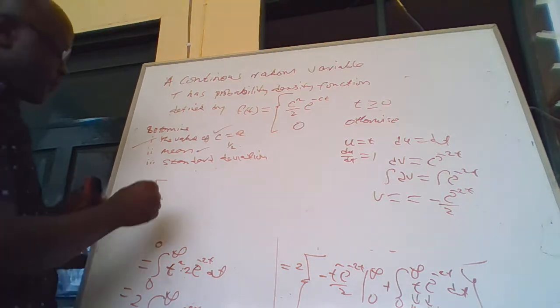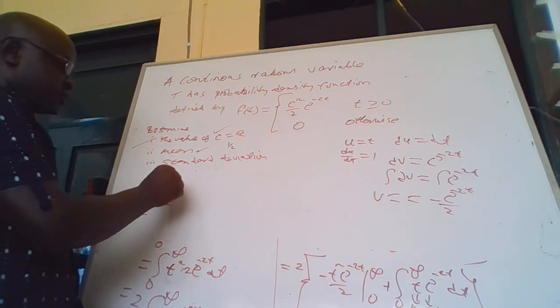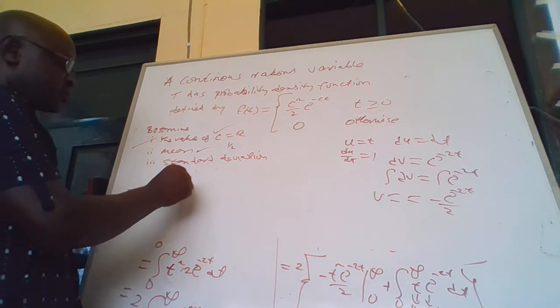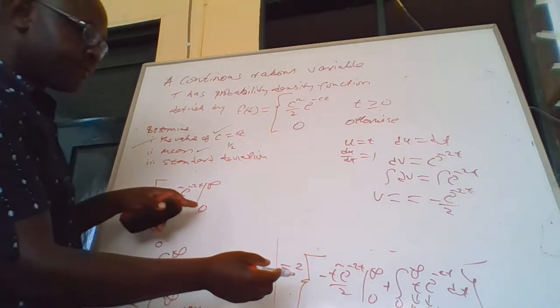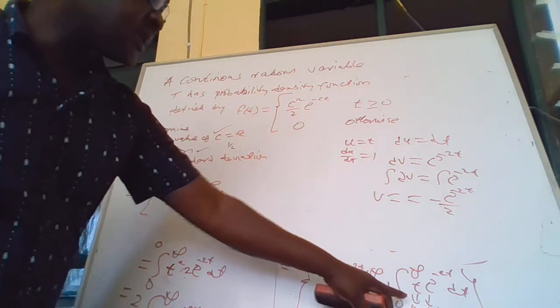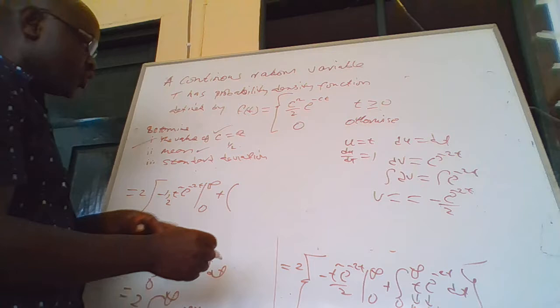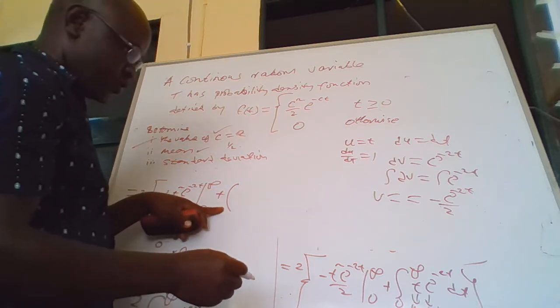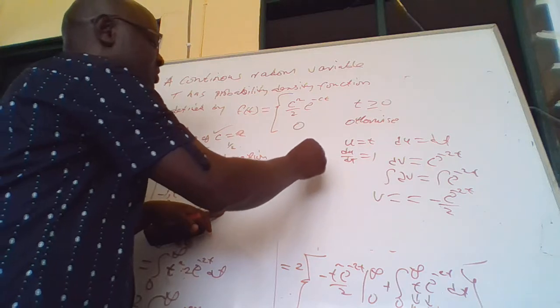Therefore, we can now rewrite this equation equals 2 into minus a half t squared exponent minus 2t, then plus. Now remember this, we are integrating this by parts. Our u, remember it's uv minus integral v du.